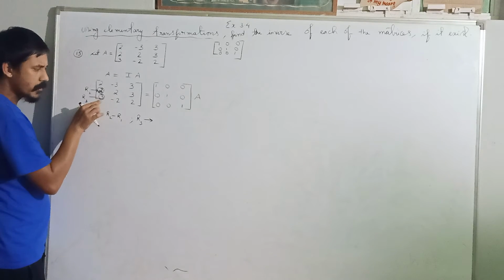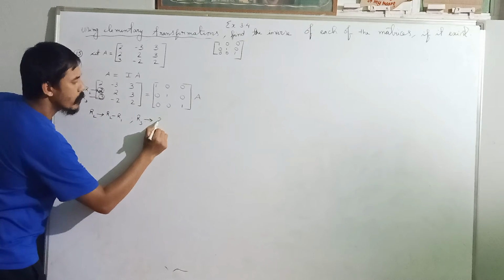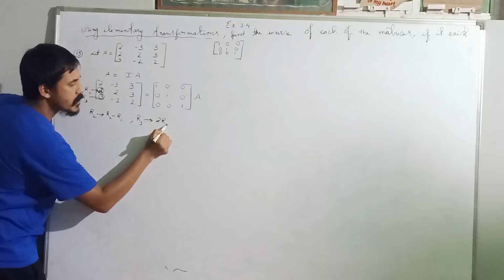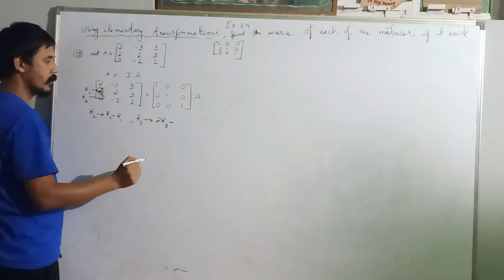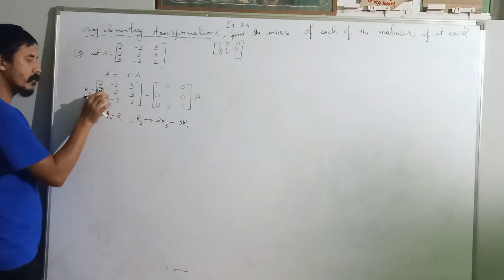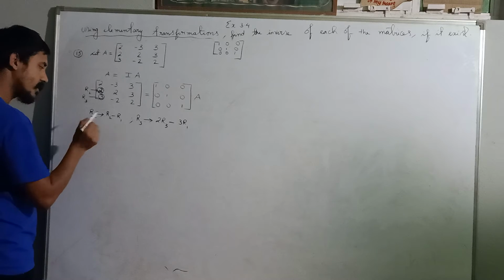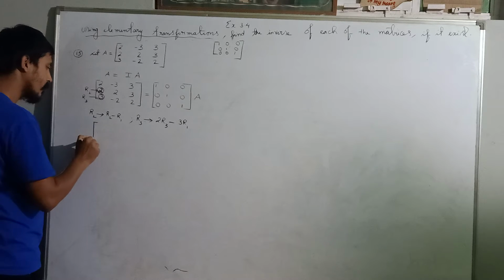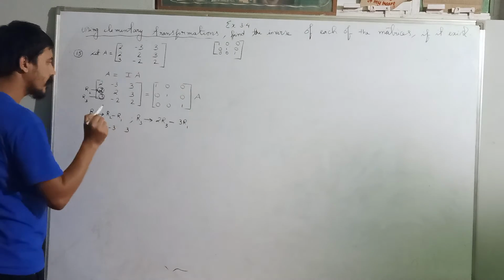2R3. Yes, you multiply row 3 by a non-zero scalar 2 and subtract from it 3 times R1. Then both of these entries will be 0 simultaneously. Okay? It's alright, no? 2 minus 3, 3.